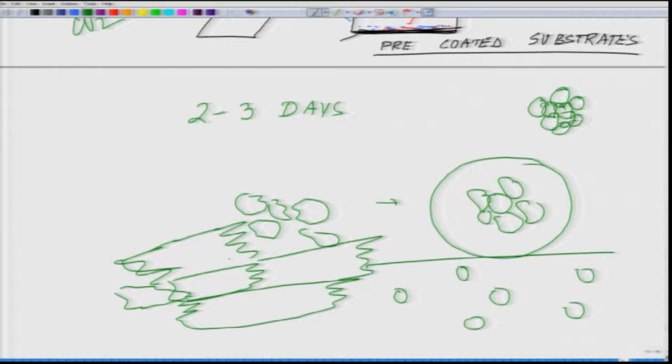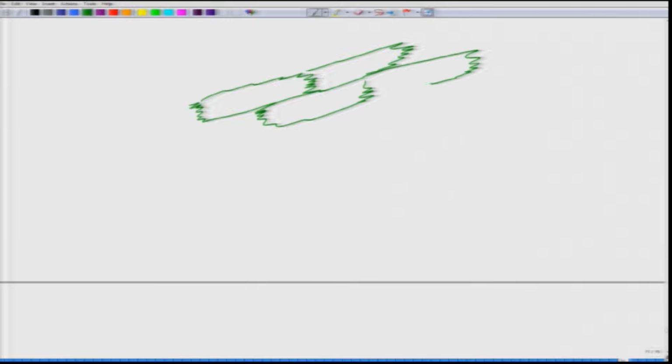This is the classic morphological aspect that you see with the cardiac myocytes. Now, these cells after 3 to 5 days will spontaneously beat.